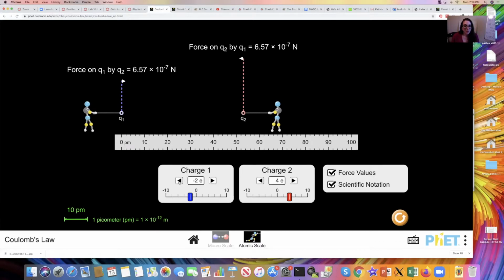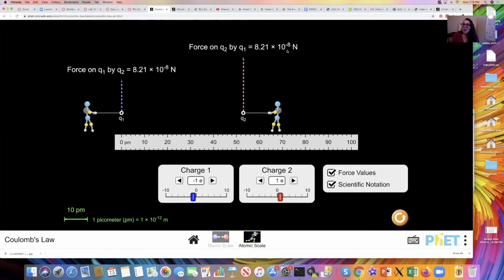And then I'm going to put 1 electron here for Q1, and I've got my nucleus of the hydrogen atom, which has 1 proton, and so that would be plus 1e here. Okay, and then I get the quantity of the electrostatic force between the electron and the nucleus of the hydrogen atom. Here, 8.2 times 10 to the minus 8 newtons.